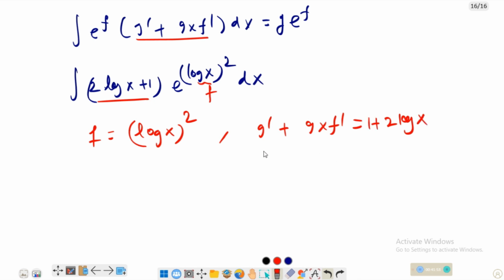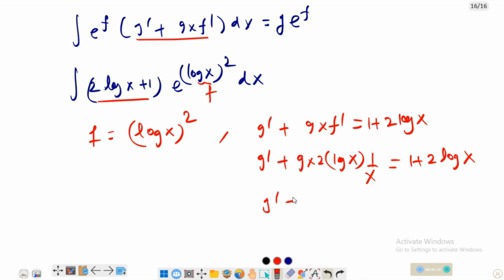So g dash plus g f dash, where f dash is 2 log x times 1 upon x, is equal to 1 plus 2 log x. So g dash plus 2g log x upon x is equal to 1 plus 2 log x.